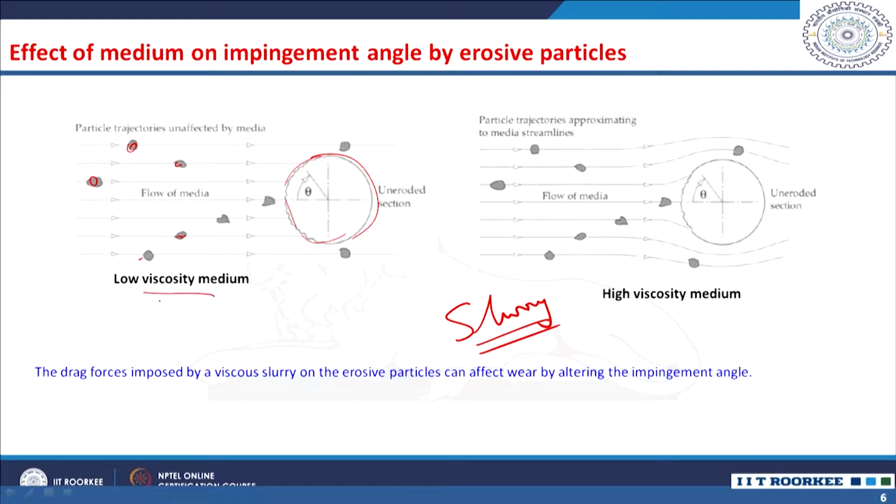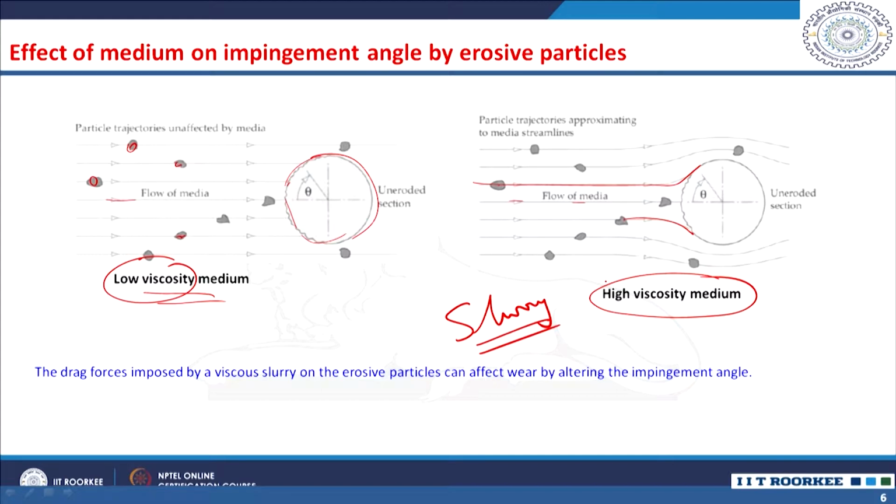Depending on the viscosity, there will be a difference in the overall material removal. If the particle trajectories are unaffected by the medium, the viscosity is low. When the medium is of high viscosity, the flow of the particles is deviated and changed because of the viscosity of the medium.